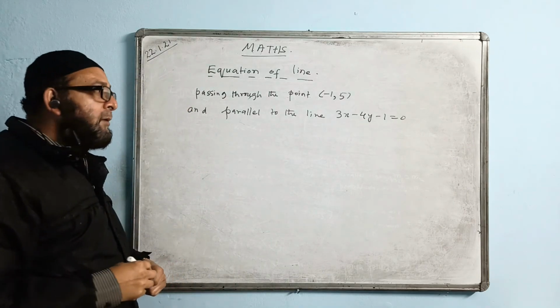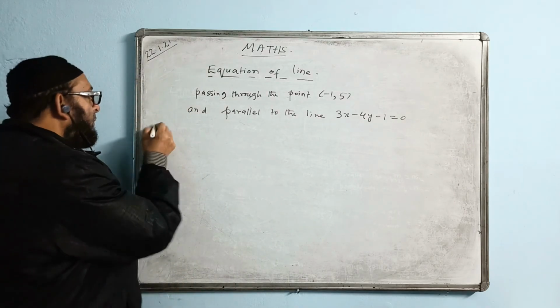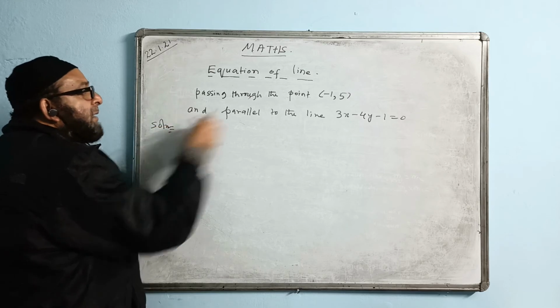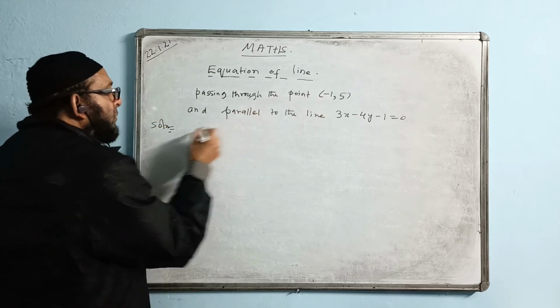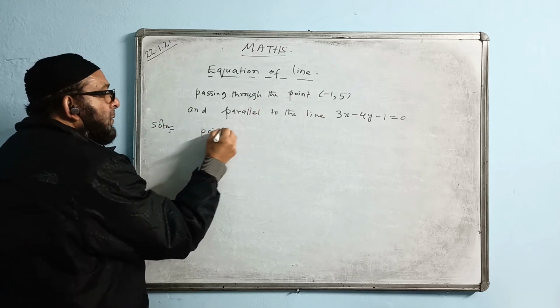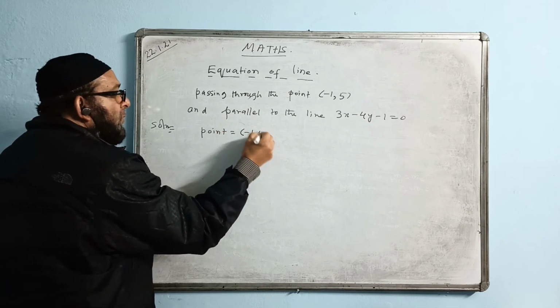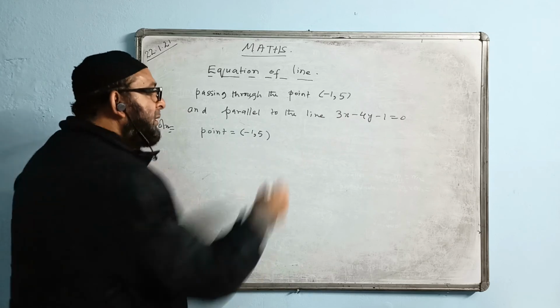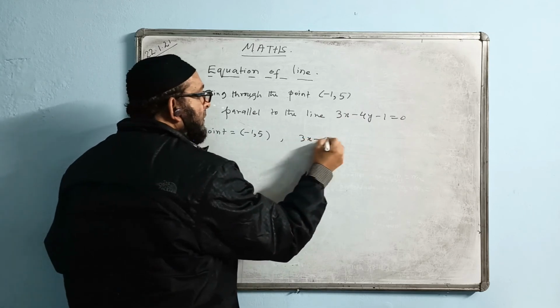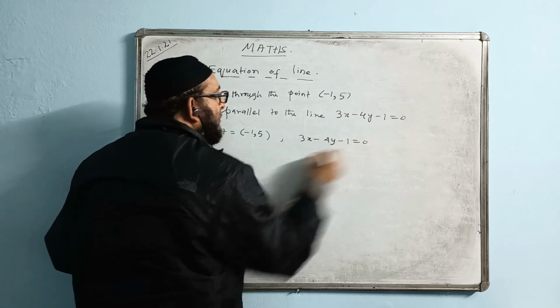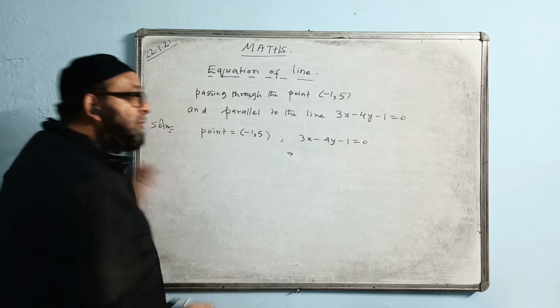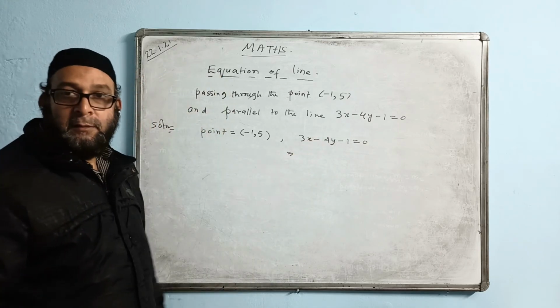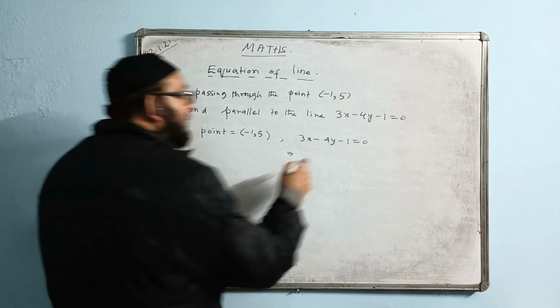Okay. Now let us see how we do this one. Solution. Let us write the point through which the line is passing. So the point is (-1, 5). I will write that first. And one equation is already given, so let us copy that equation: 3x minus 4y minus 1 equal to 0. You must know the slope of the given line, so make y the subject.